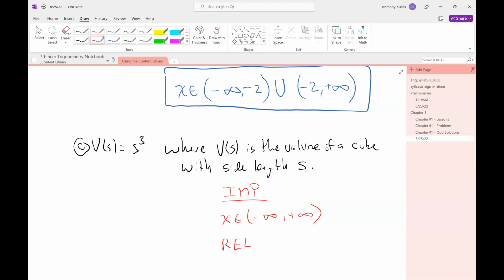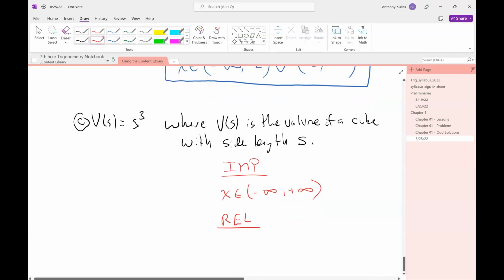Let's do the relevant domain now. Here we have to consider the context of the problem in addition. So the domain is about which variable, V of S or S? S, right? So S is representing a side length.